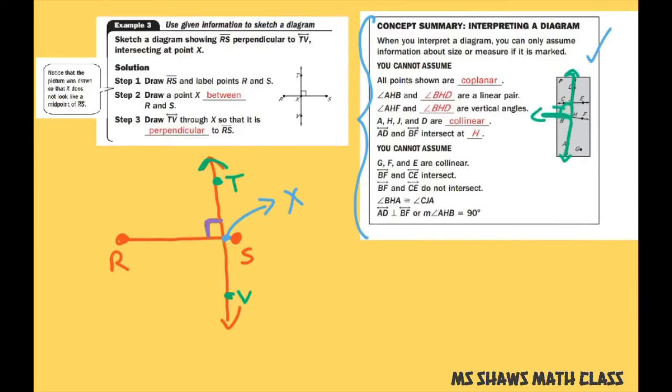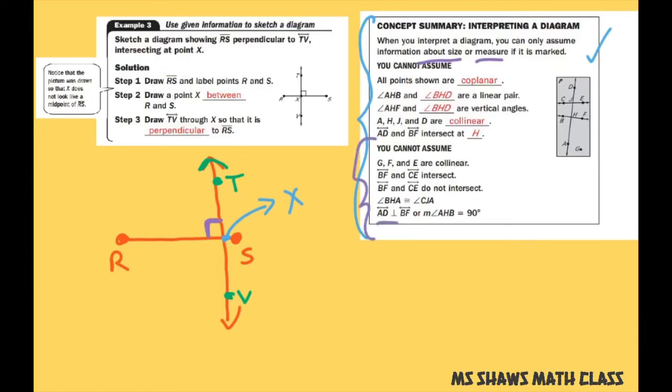So this angle and this angle are linear pairs because they're not marked. And there's no information about the size or measure, because you have to have information about the size. And there's a load of stuff here.